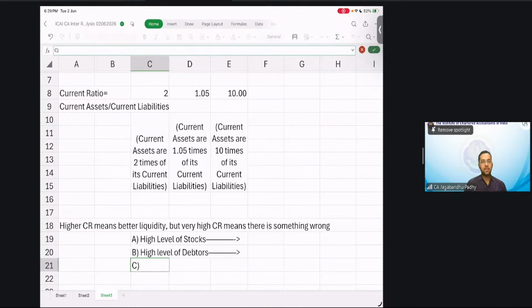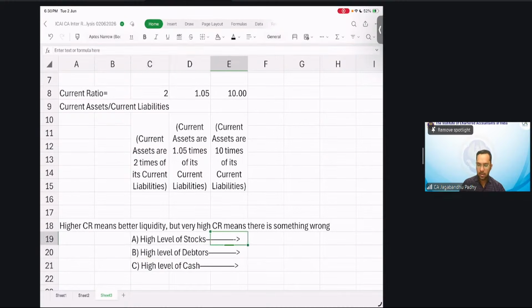You can have high level of cash. So you have high level of stock, high level of debtors, and high level of cash.